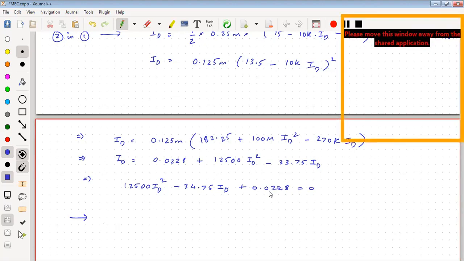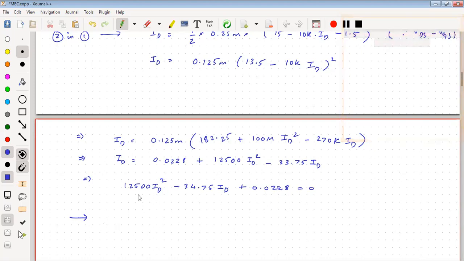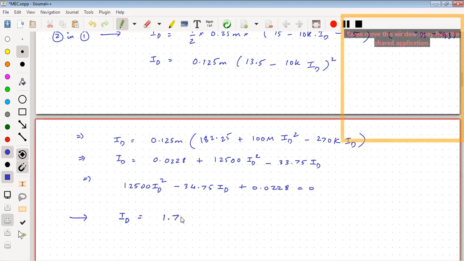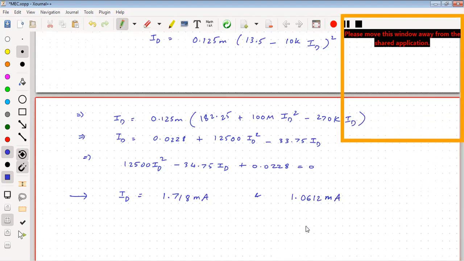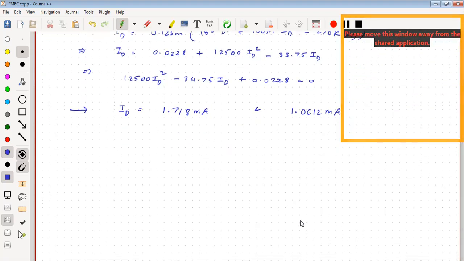Use your calculator, equation equals 0, 0.028. I have two values of ID. One is 1.718 milliamperes and the other one is 1.0612 milliamperes. Okay. Now out of these, which value will be exactly valid, which will be invalid?